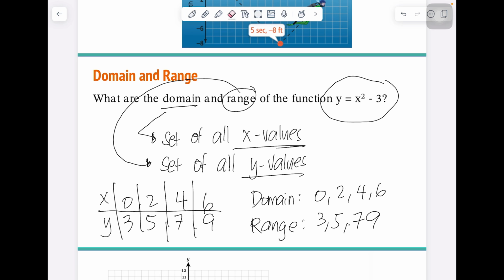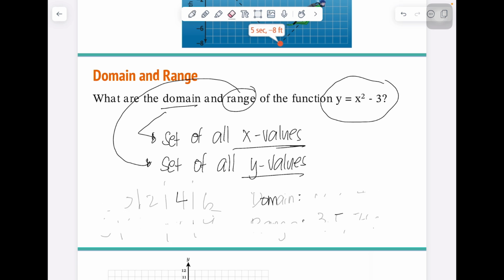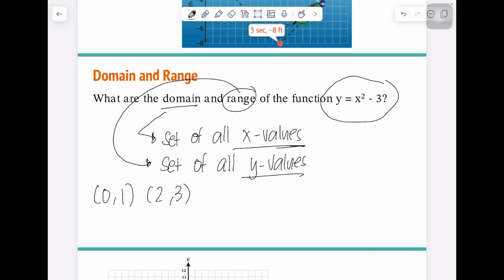Now let me have another representation on how to find the domain and range of the given problem. Say you're given sets of ordered pairs: 0, 1, 2, 3, 4, 5, 7, 9, and 8, 9. So what's your domain?